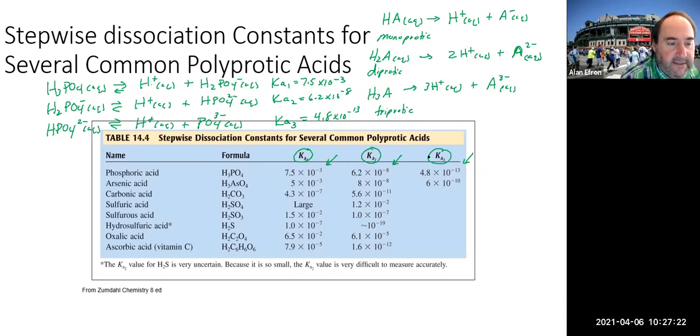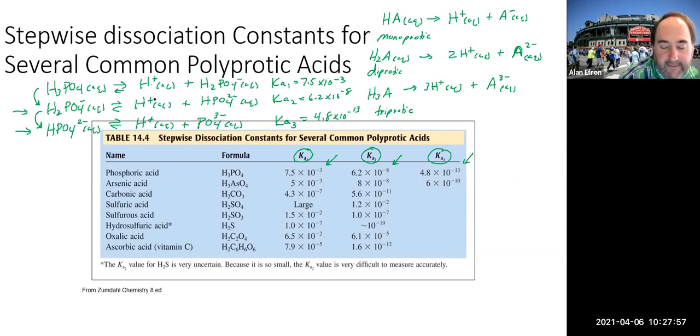And what that means is when we have a small value of K, we mainly have reactants, which in this situation would mean as we go from the first H coming off to the second H coming off, to the third H coming off, it becomes actually harder to do that because we mainly have a small K value. Small K value means we're mainly staying on the reactant side, which means we're not losing a lot of H plus in each of those steps.